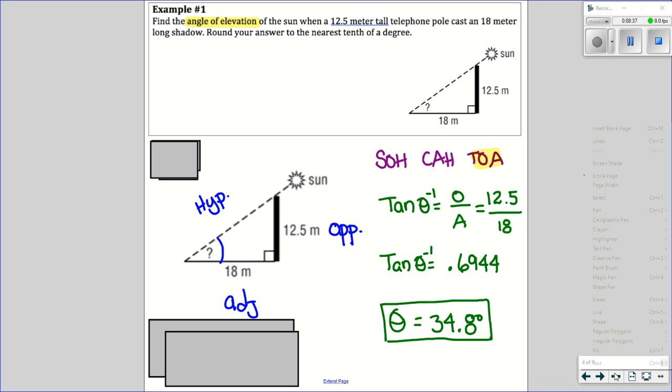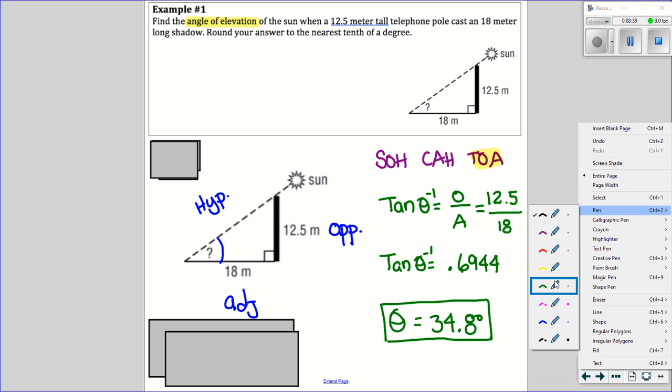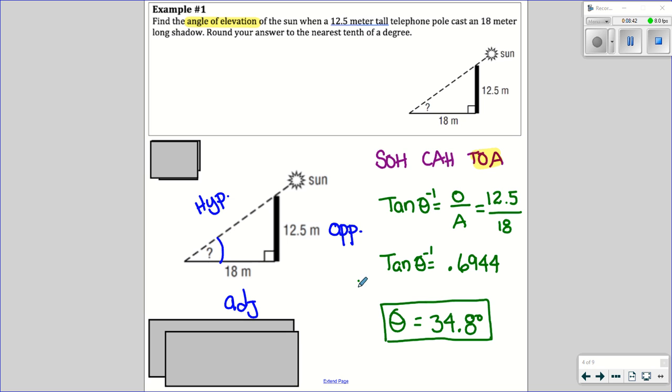So I'm going to write that for this step: the second, and then tangent, and then we type in 0.6944, and then we get our answer. So again, we're doing the inverse. We have to use that in order to find our degree measurement. All right, so that is our angle of elevation, 34.8 degrees.